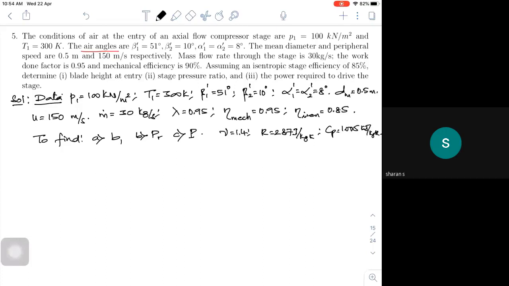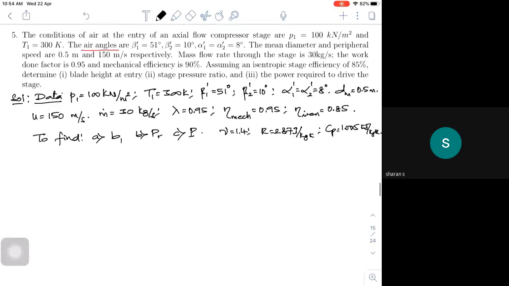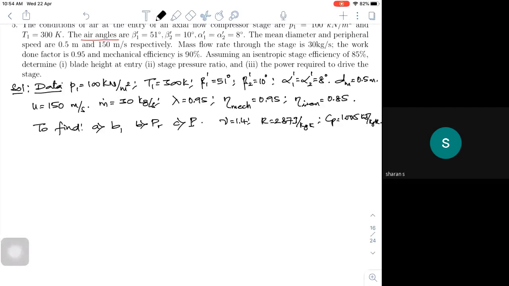Now, density: I have been telling you how to calculate the density. In the previous problems, I have told you that either you can calculate the density to be 1.18 through calculation, or you can take 1.2 if you are making an assumption.